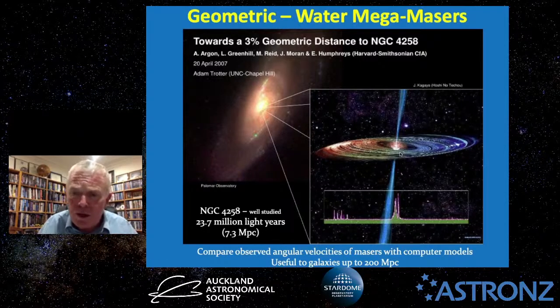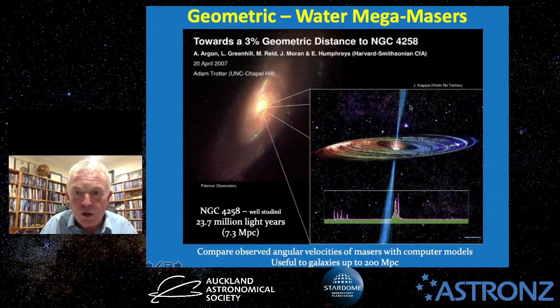And often within one of these accretion disks, you'll get large patches high in concentration of water molecules. And whether it be high energy events like shock waves or X-rays going through, they stimulate those regions to emit really intense high energy microwave emissions, and they're known as masers.